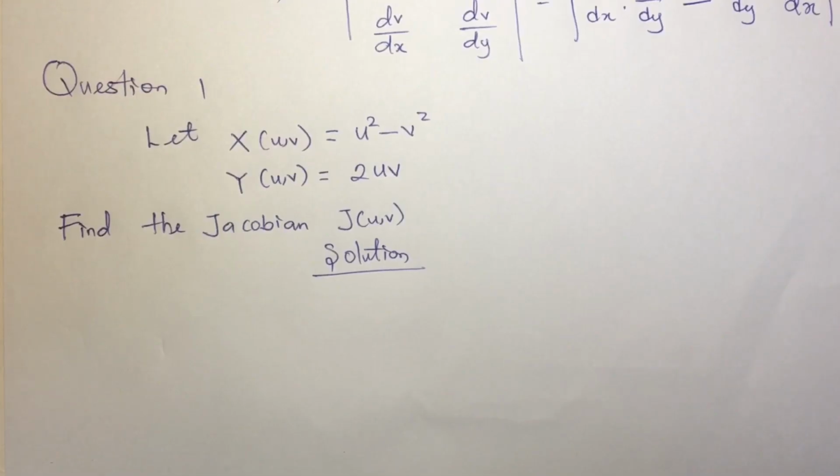Question 1. Given this particular problem, where x is the first function and y is the second function, we are being told to find the Jacobian of this particular problem. So first thing first, look for how to represent this particular Jacobian.